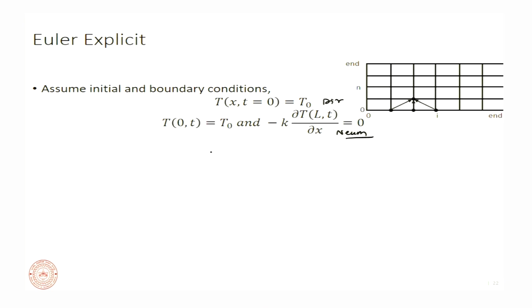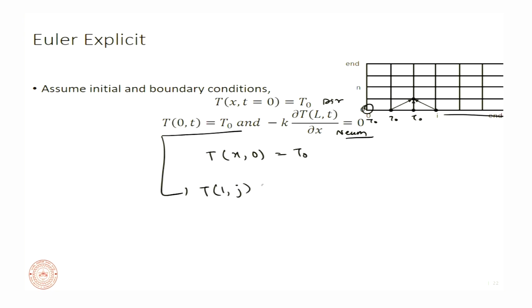What we write is that T at all x at time 0 is equals to T naught. This is defined. So, everything is T naught at the lowermost step. Then our boundary conditions, T 1 comma all j values, or for different j values, say this is j and this is I, or this is n and I. So, let us just take n instead of j, since we are using this convention.